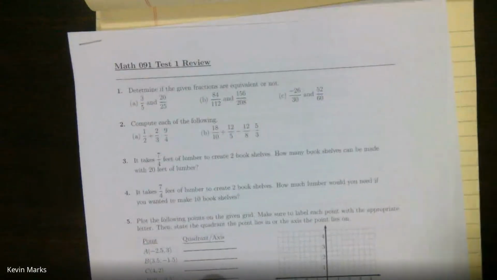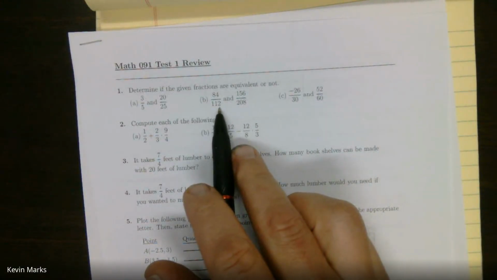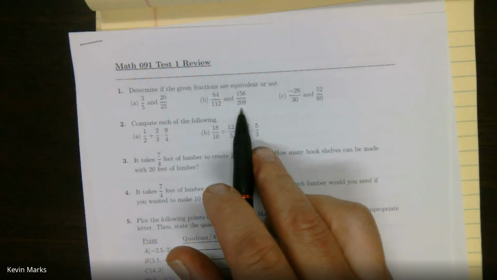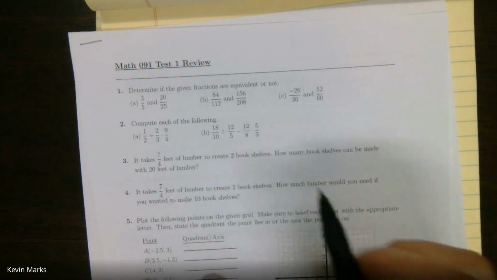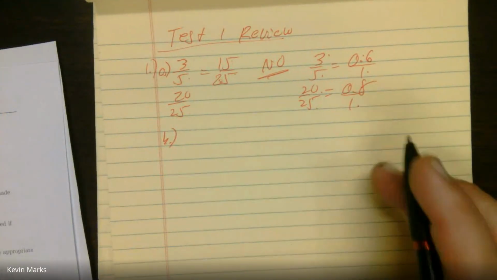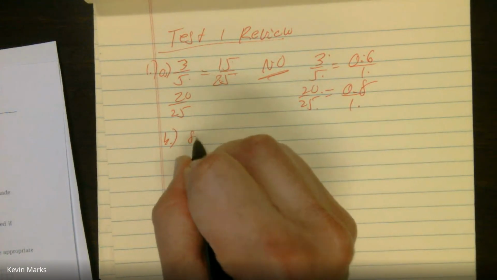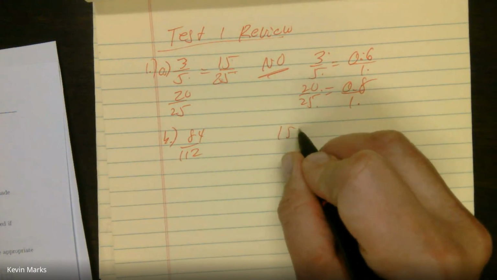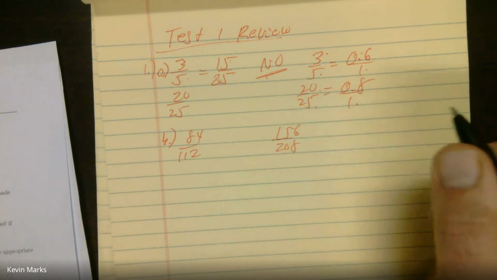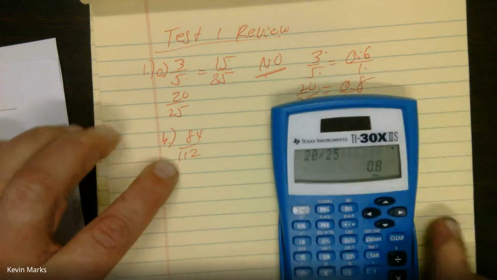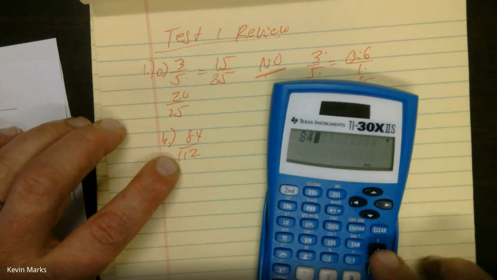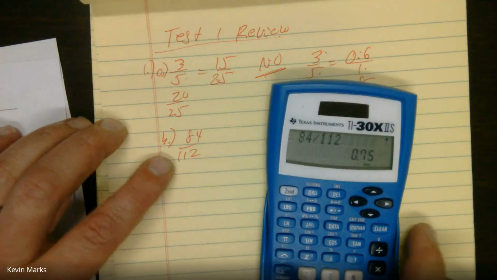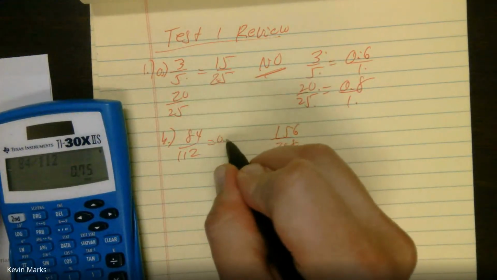Kind of the same thing here with B, where you've got denominators of 112 and 208. Whew, those are big numbers. So finding a common denominator there that's not 1 is going to be a little trickier. So in this case, using the calculator is a little quicker. 84 compared to 112 is going to be 0.75.